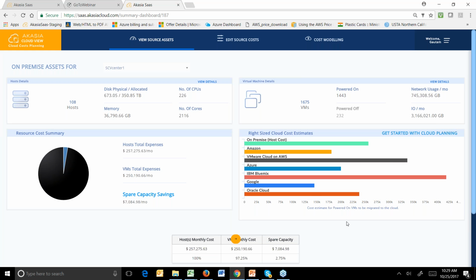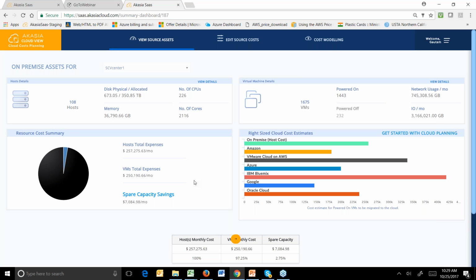So one might ask, how did we go about determining the on-prem cost? Well, we gathered all of the configuration information about every single host and storage that you have. We have done a lot of research looking at the cost of hardware from Dell, Cisco, Lenovo, and HP, and we have a generic model of costing, and based on your infrastructure configuration, we provide you a generic cost estimate of how much it might cost you.